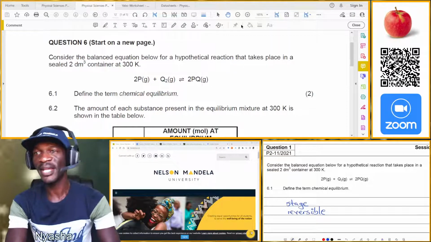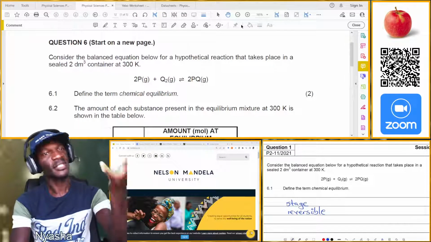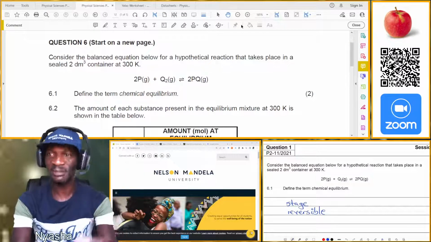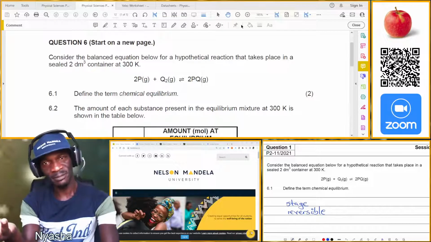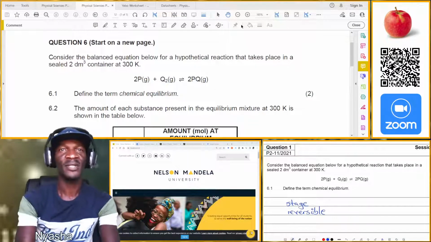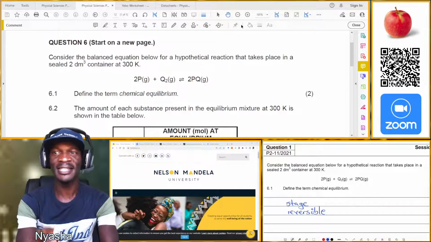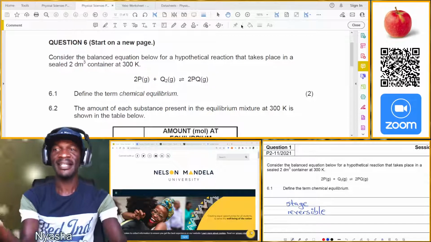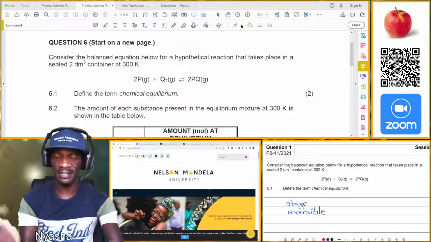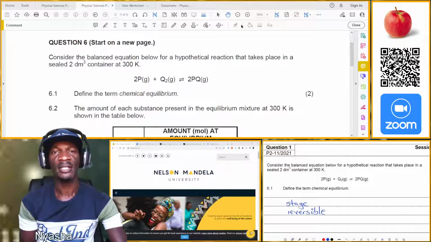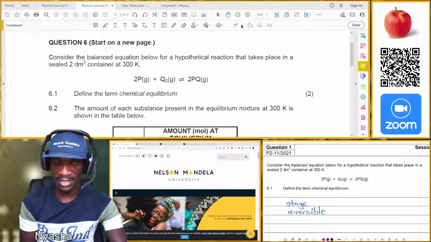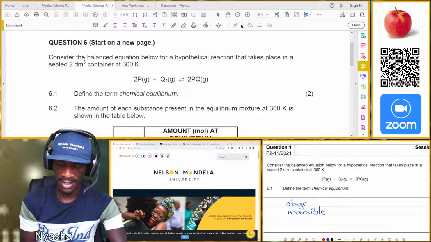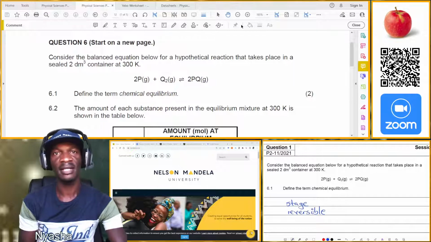There's a stage where the concentration of the reactants begins to deplete and the concentration of the products begins to increase. Then, if the chemical reaction is reversible, there is a point at which these reaction rates will become constant, and then your chemical equilibrium has been reached.